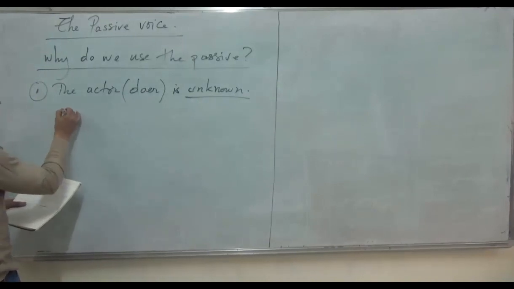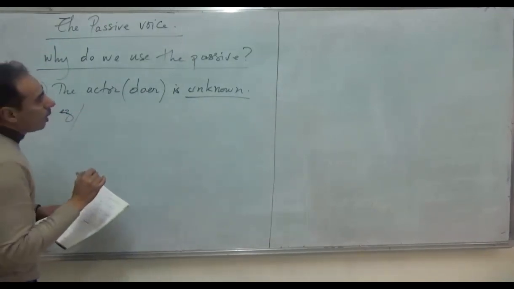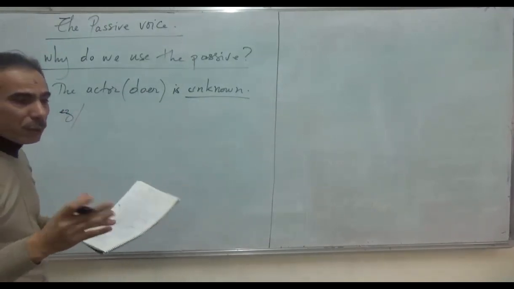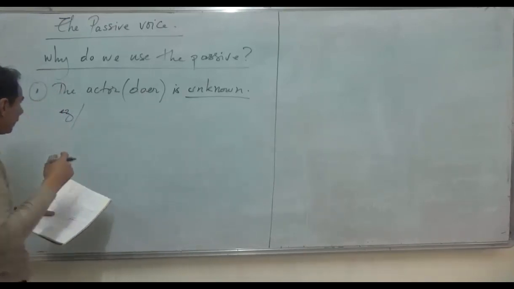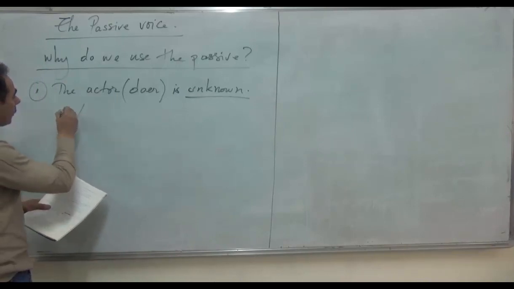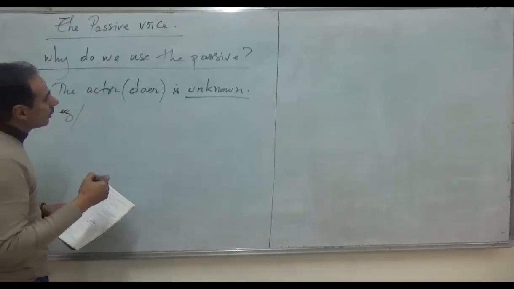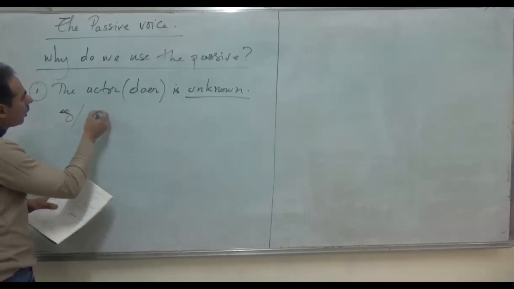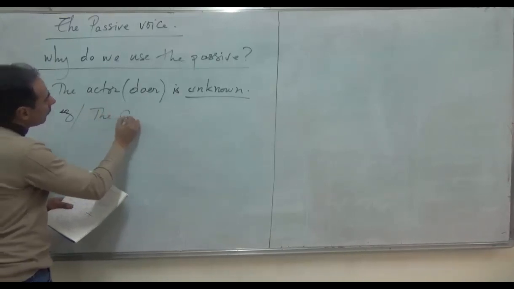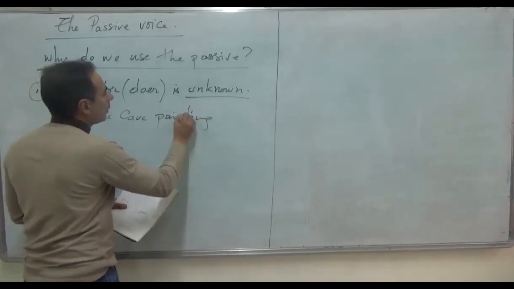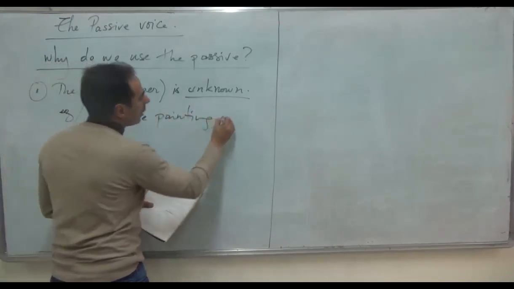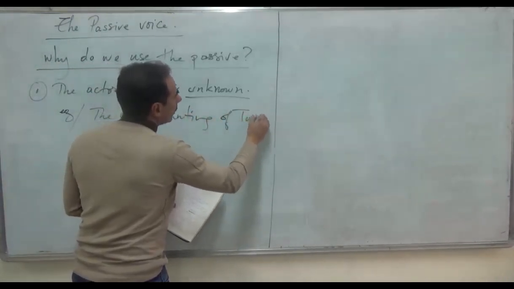For example, we're going to take examples from the different units you have in your syllabus for third year students. For example, first unit, civilization. The cave paintings of Tassili.